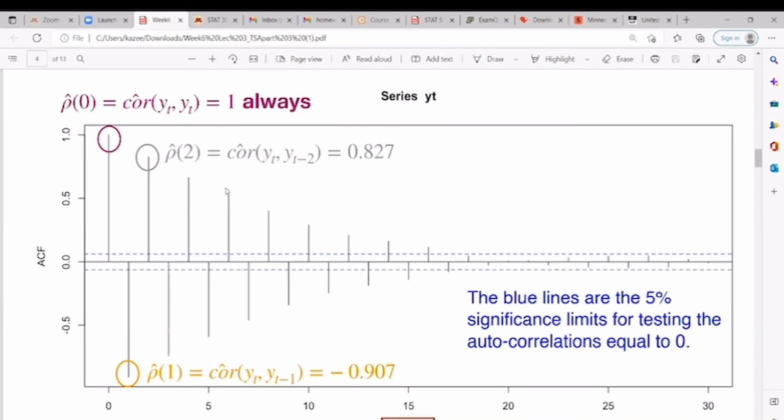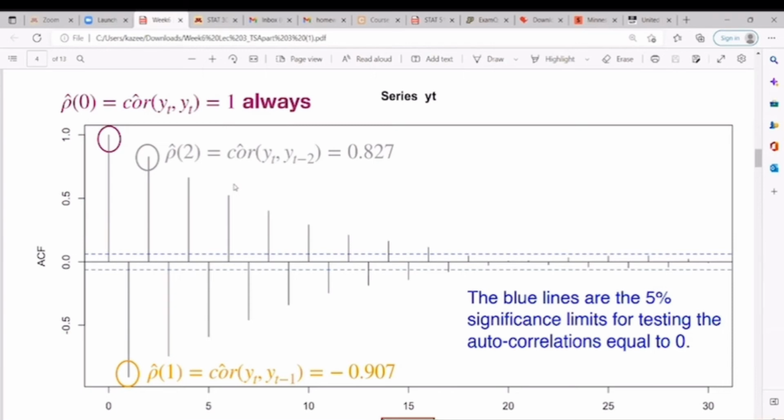Don't forget, when the autocorrelation equals 0, it means the model is entirely white noise. I'm going to say that again. If lag 1 is 0, lag 2 is 0, lag 3 is 0, if the autocorrelation function for all lags equals 0, then your model is entirely white noise, and that is not going to be a good model.